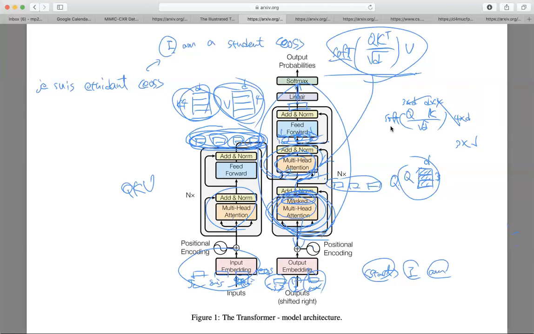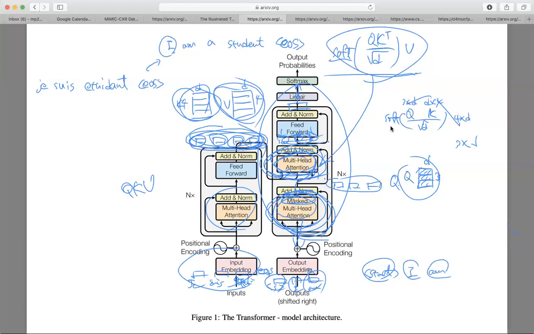But in the second self-attention, the Q is coming from the previous output of the decoder, but the K's and V's are coming from the output of the encoder. So there are 2 self-attentions, right? Hope this is clear.